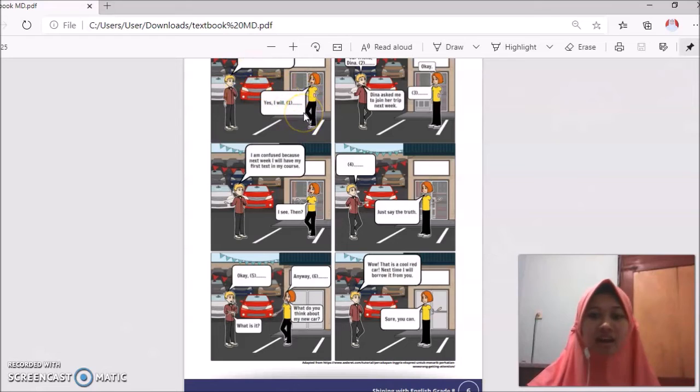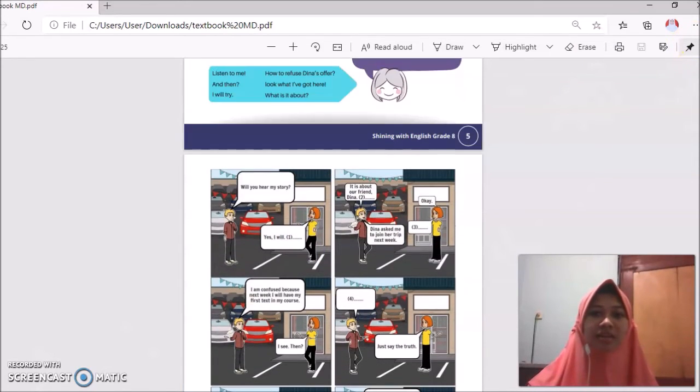The students are asked to fill in the blank using the sentence provided. This is the sentence provided. The students can write their answer directly to the dialogue image. This is the blank space. The teacher also can modify this activity or use it as a quiz or homework for the students.